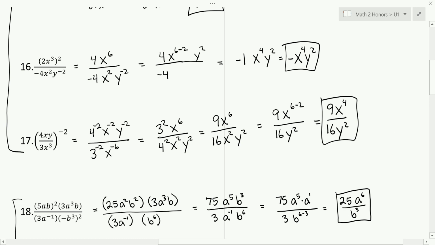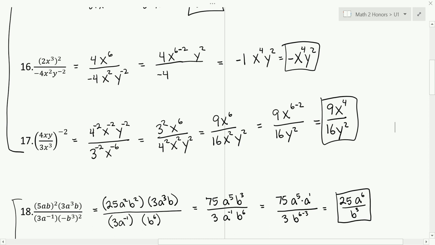B squared times b gave me b to the 3rd. Got rid of my negative exponent. Just move that a to the negative 1 up. And then also dividing now with the b cubed and the b to the 6 by subtracting exponents. And then I finally divide the 75 and the 3 or reduce that fraction. And I get 25 a to the 6 over b to the 3rd.